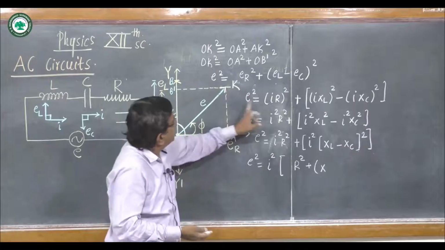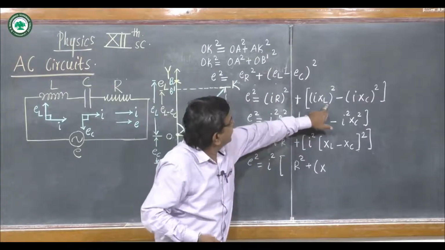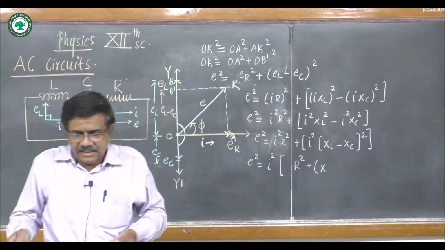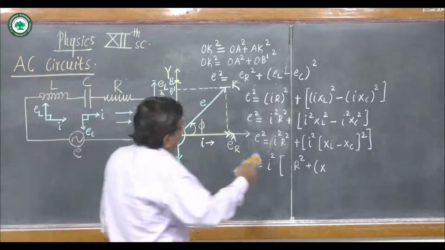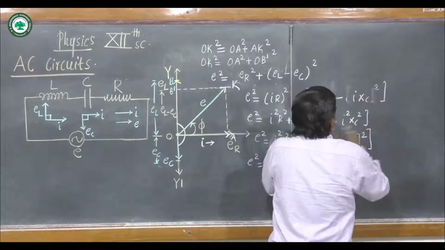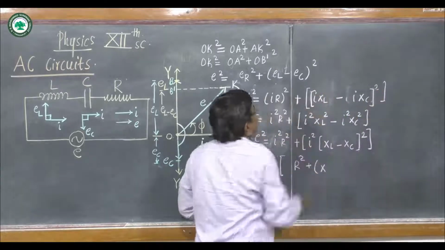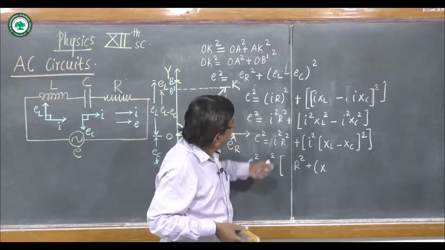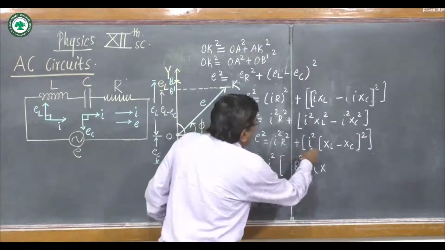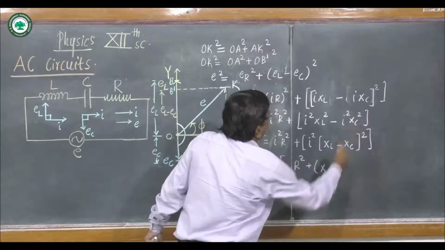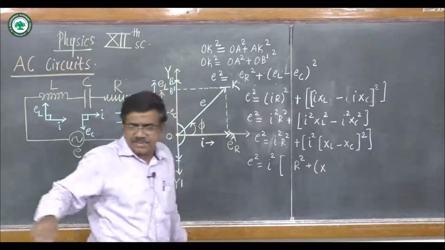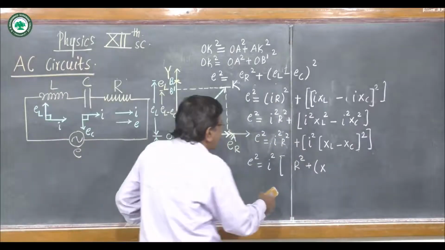See again here, E square is I square R square plus I XL minus I XC, bracket square. Then we take I square common, E square is I square in bracket R square plus XL minus XC its square.